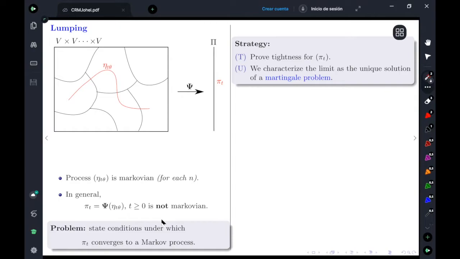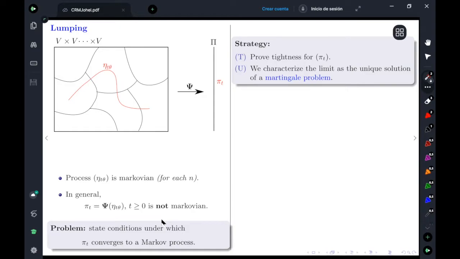characterize this limiting process, this limit point, as the solution of a martingale problem. So we need to prove that the limit of any subsequence of these processes converges to a solution of the martingale problem, and we need to prove the uniqueness of this martingale problem. This is the martingale approach for convergence of processes that Stroock and Varadhan used.